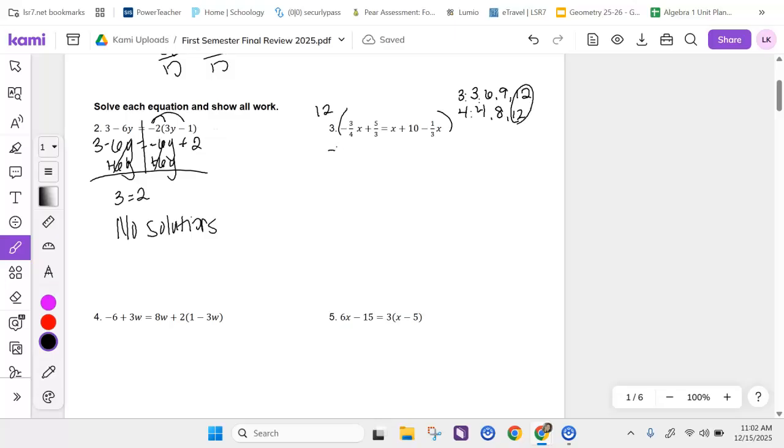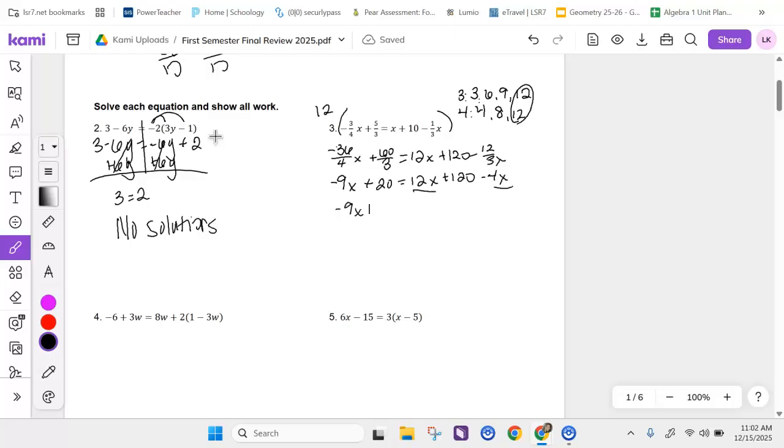So then I'm going to have negative 36 over 4x plus 60 over 3 equals 12x plus 120 minus 12 over 3x. Now I'm going to divide that, so negative 3 divided by 4 is negative 9x plus 20 equals 12x plus 120 minus 4x. Combine like terms.